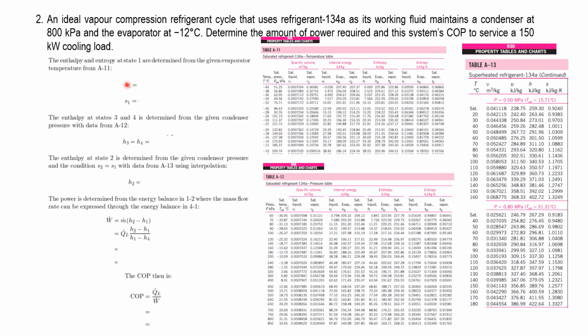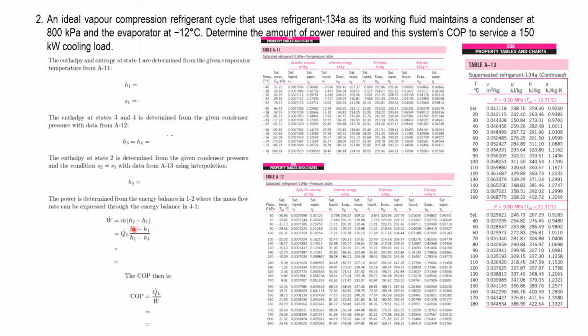So once you've obtained your H1, H2, H3 and H4, then we can work out the solution that is required, because the question is asking you to determine the amount of power required, right? So we will need to use this formula on the condenser.